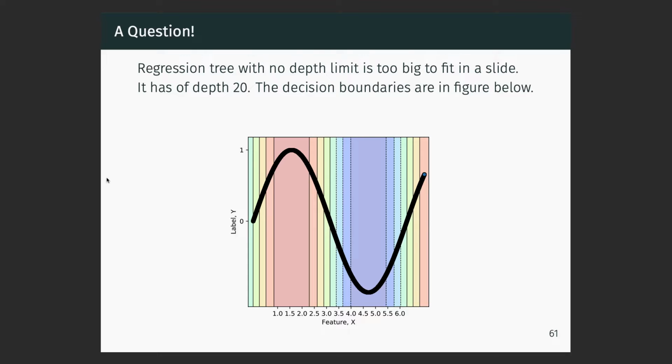Any idea why? Yes. Excellent. If you look at the top, it's a slowly declining function. The slope is gradually reducing over time. So there are more changes happening before pi by 2 than closer to pi by 2.